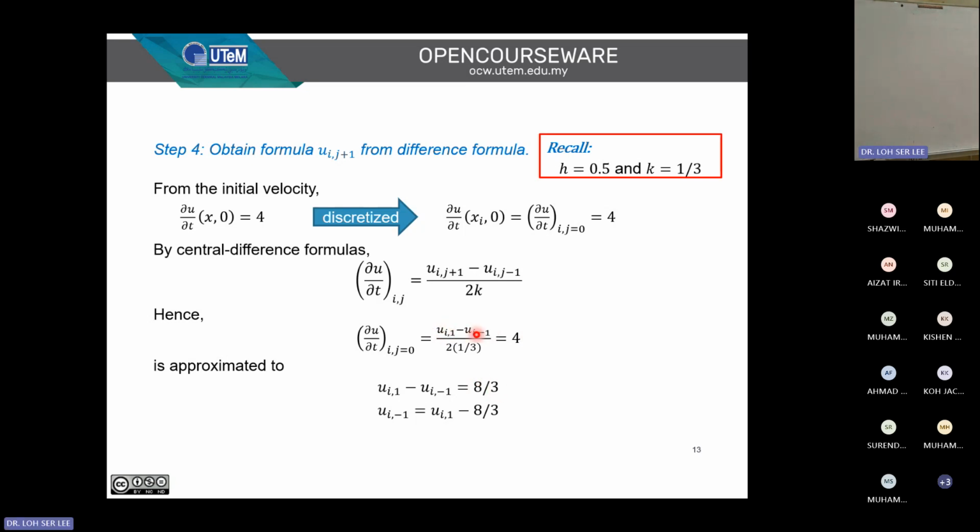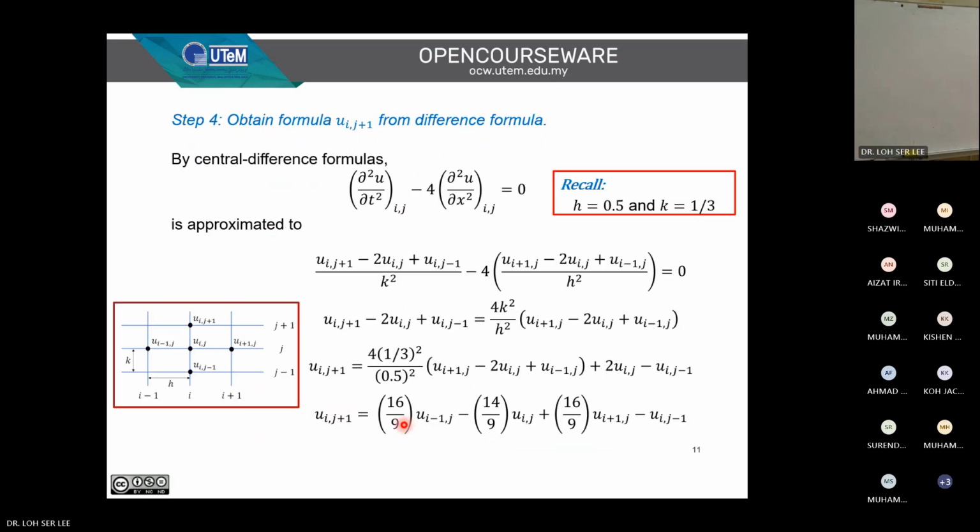In between these two, we will let this u_{i,-1} split the formula. What does this mean? If you look at this one, i, and then j is -1. This is what we want: u_{i,j-1}, where when j is 0, you have u_{i,-1}.